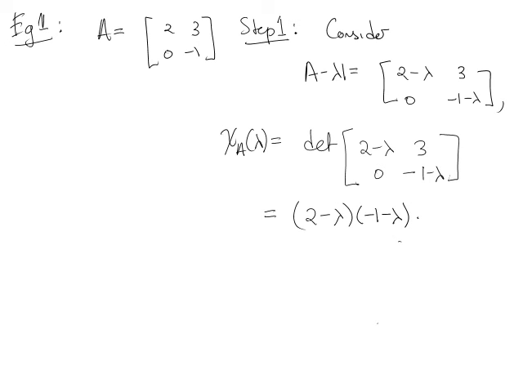And this is already factored, actually. This is very easy. You don't even have to use the quadratic formula. So this has roots 2 and minus 1. So the eigenvalues are 2 and minus 1.